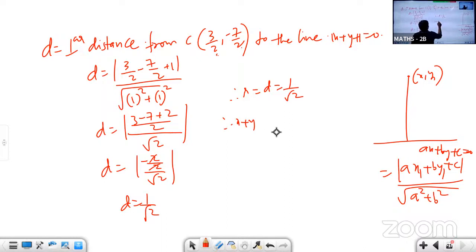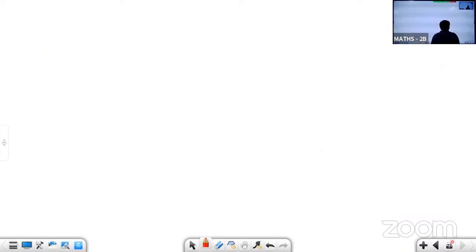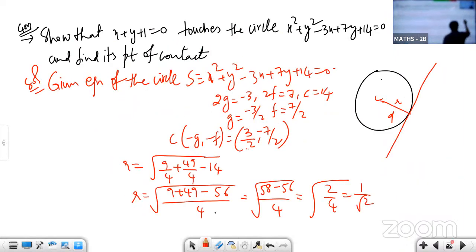Therefore, x plus y plus 1 equal to 0 is a tangent to the circle. In the previous board, I drew the figure and showed you. Now it is a tangent because r we got 1 by root 2, and d also 1 by root 2.